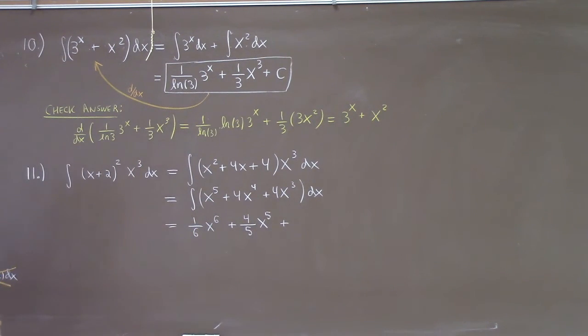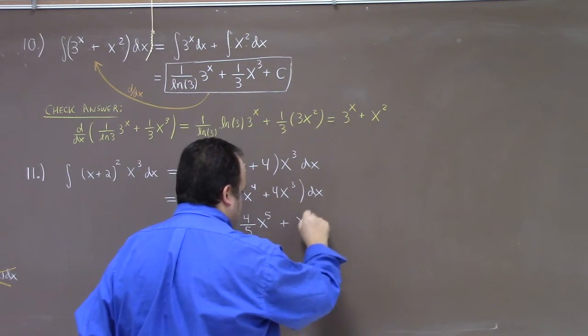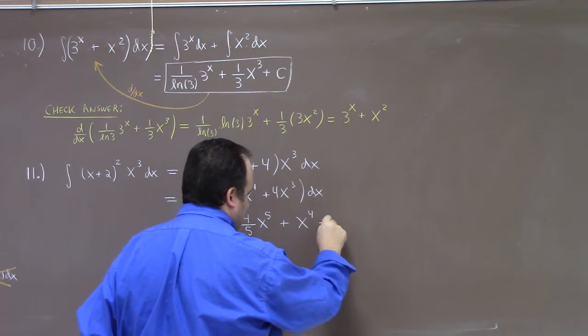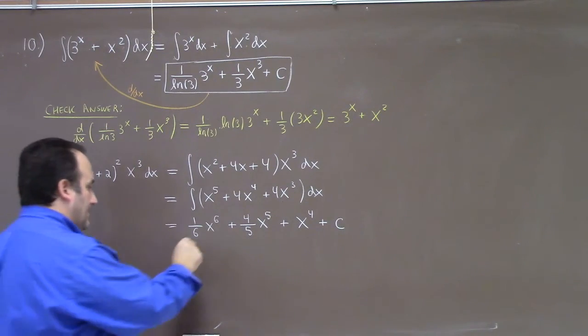What function, when I differentiate it, gives me back 4x cubed? Think about it. x to the 4th. Very good. So this last term is just x to the 4th plus a constant. And there you go. That's the integral.